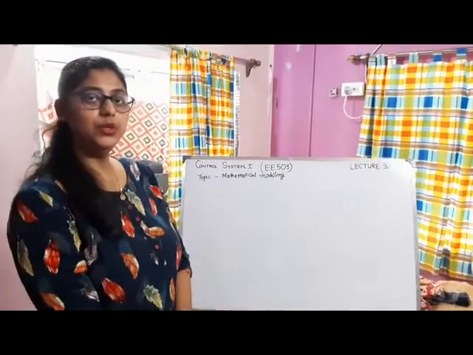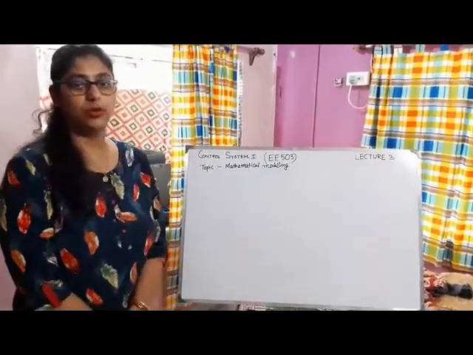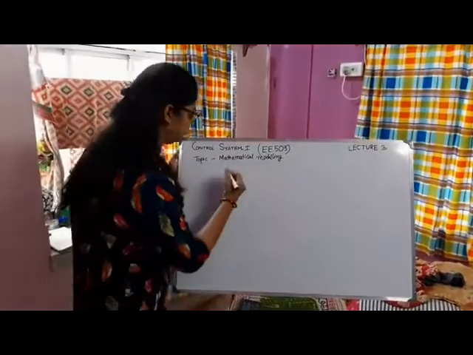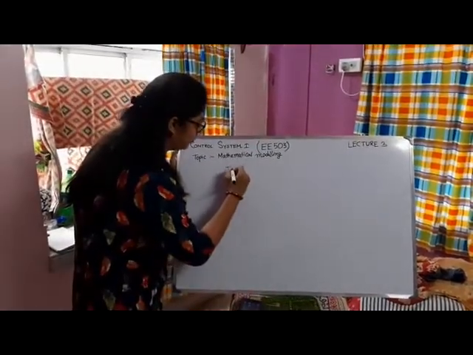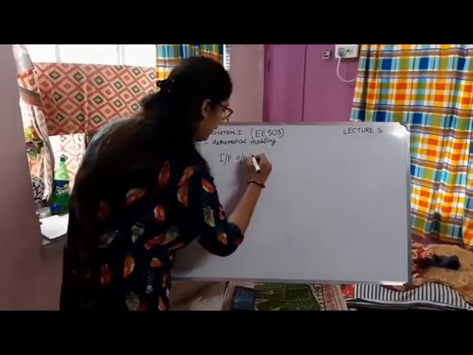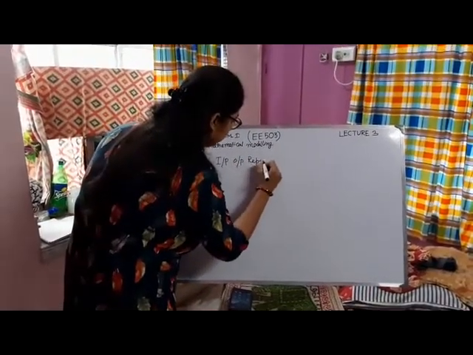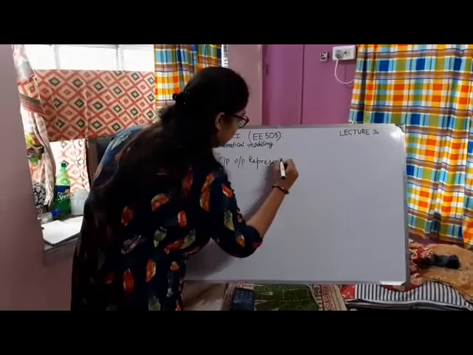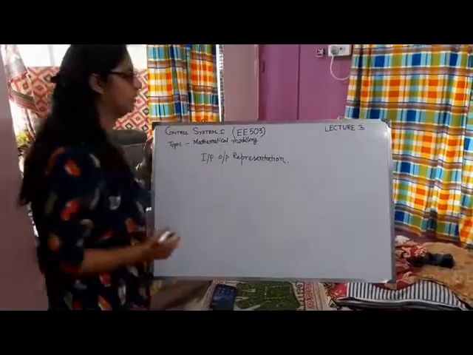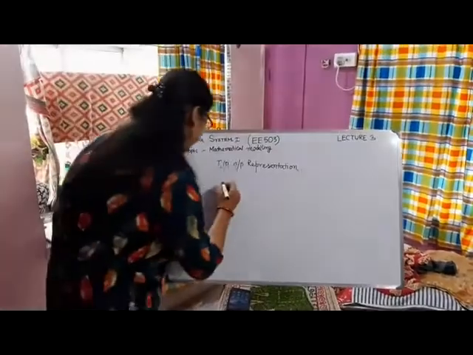There are mainly two different types of mathematical models. One is the input-output representation, and another one is the state space representation.